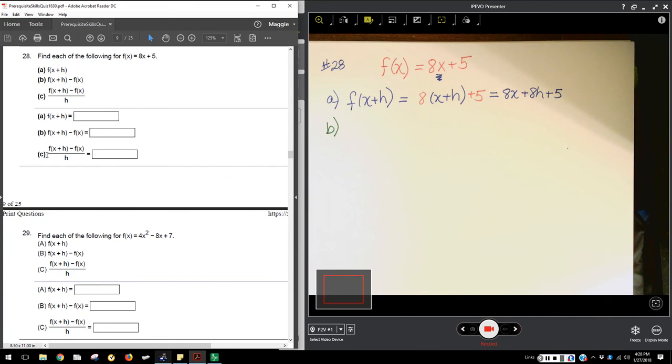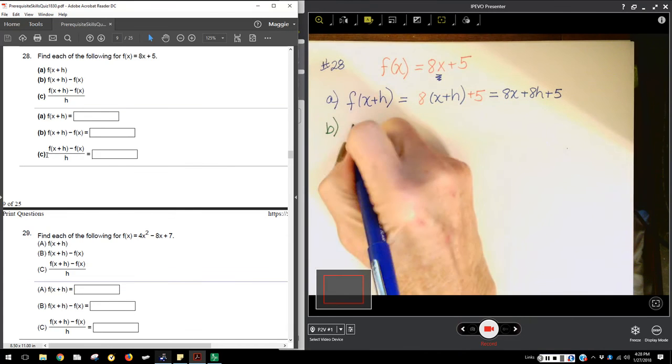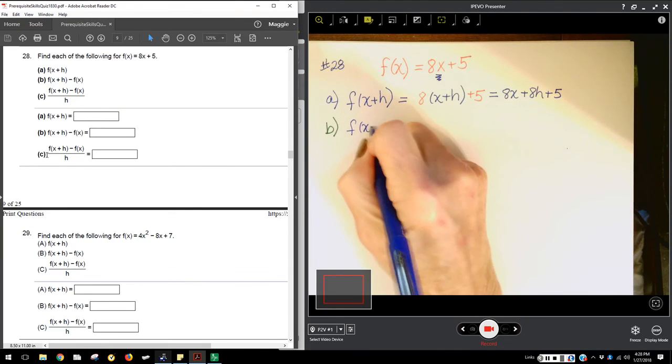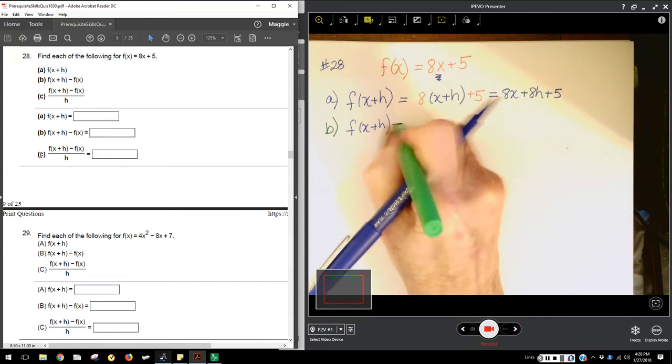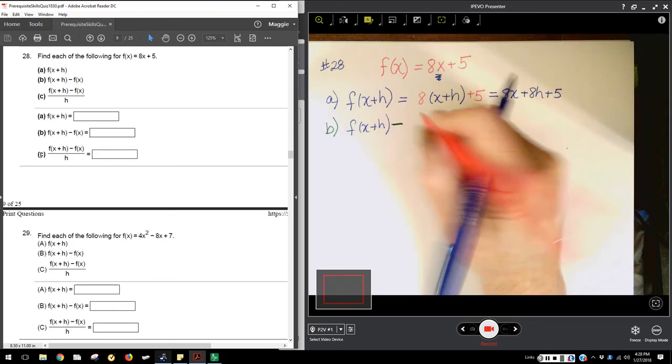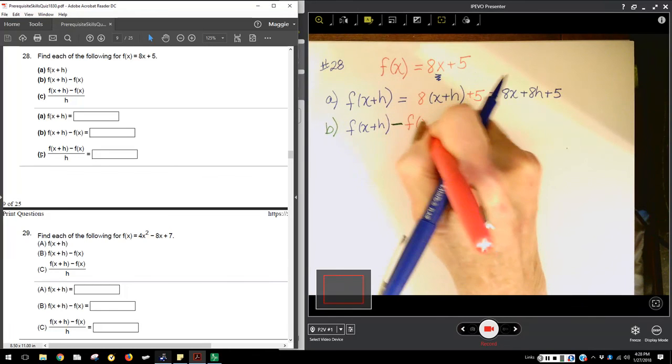We're going to find f of x plus h minus f of x.